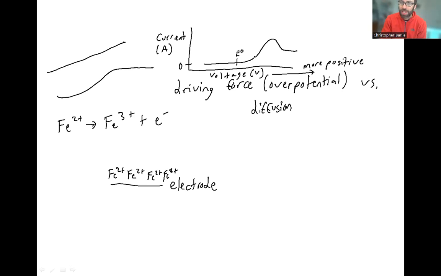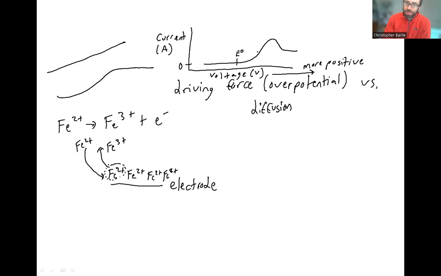And that's why we get an increase in positive current. There's enough driving force that very slowly, some of these iron 2s are getting converted to iron 3s. And then, slowly another iron 2 from solution can come to the electrode and wait until it becomes an iron 3.